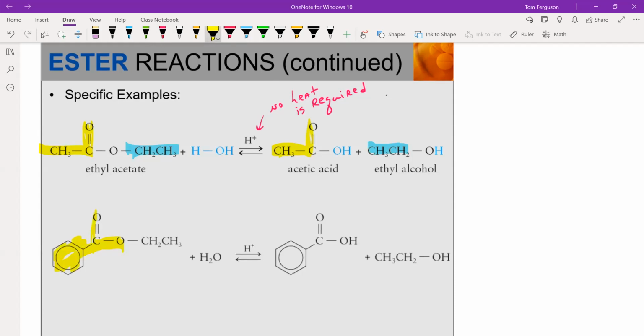Acid, alcohol. Acid, alcohol. So it's a two-way street. Acids form esters, esters break apart, form, break apart, form.